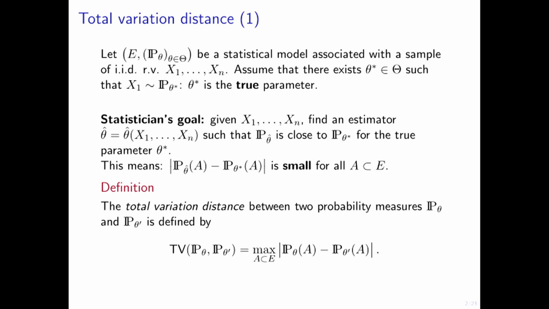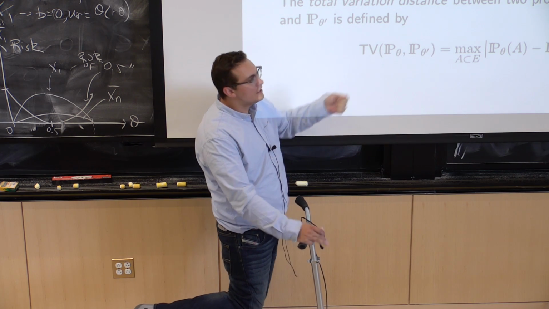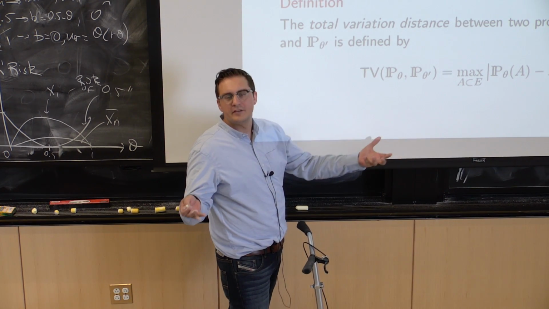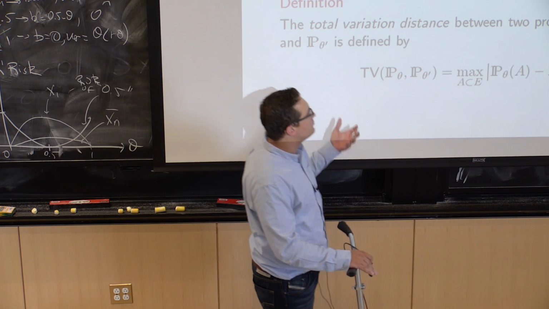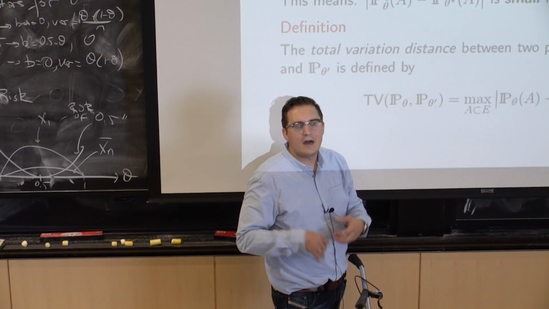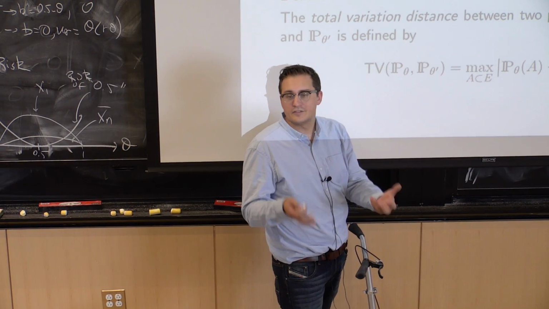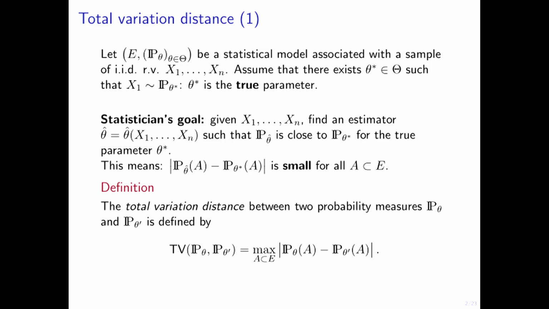And so rather than defining it specifically for theta hat and theta star, I'm just going to say, well, if you give me two probability measures, p theta and p theta prime, I want to know how close they are. Well, if I want to measure how close they are by how they can differ when I measure the probability of some event, I'm just looking at the absolute value of the difference of the probabilities, and I'm just maximizing over the worst possible event that might actually make them differ.